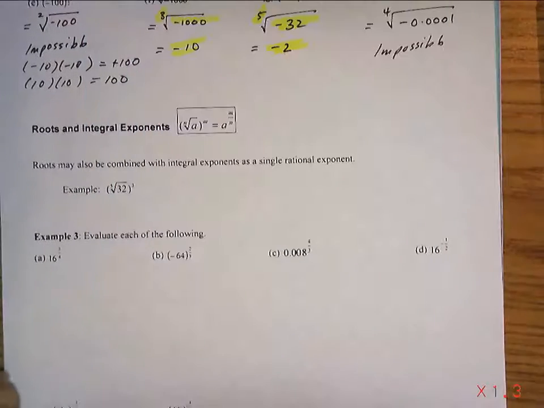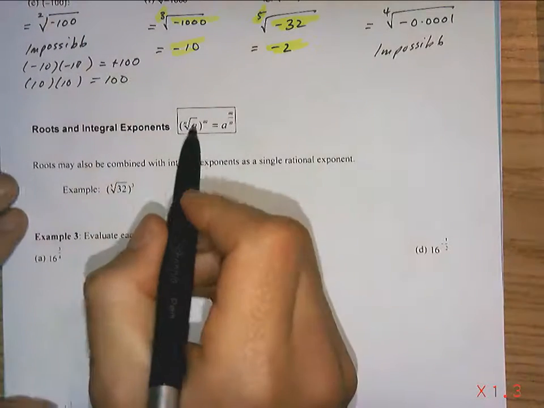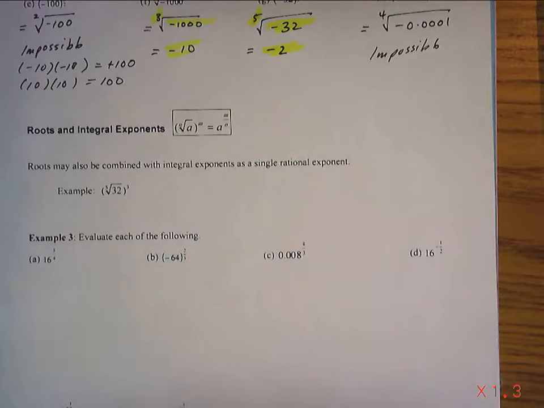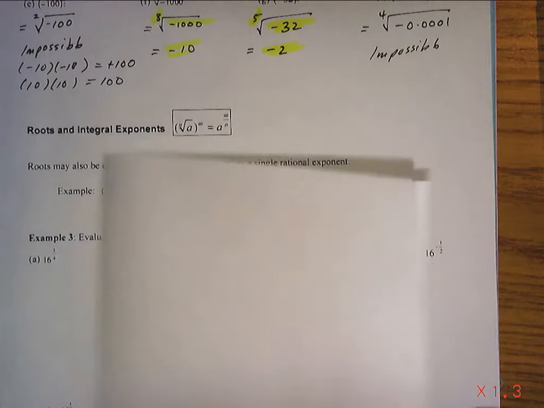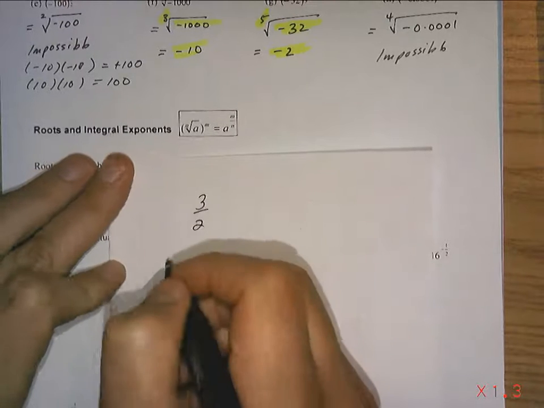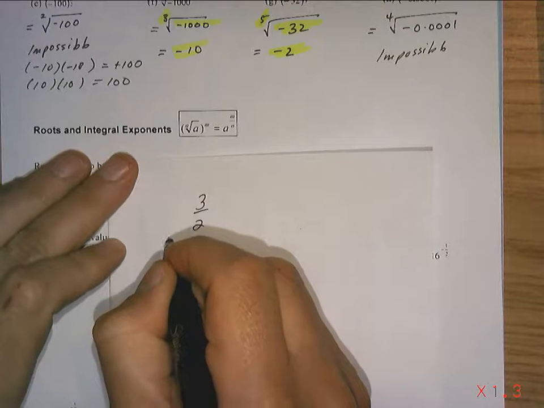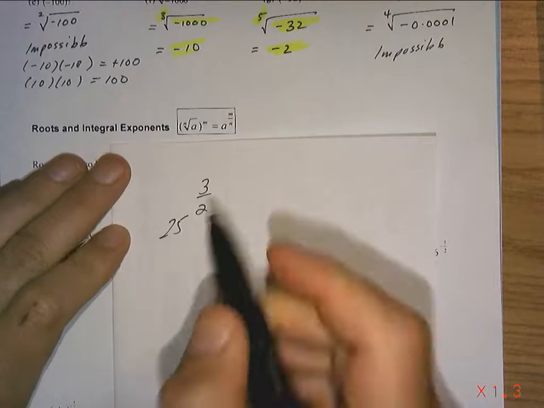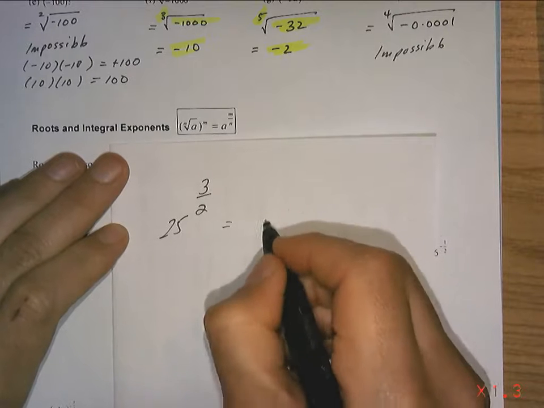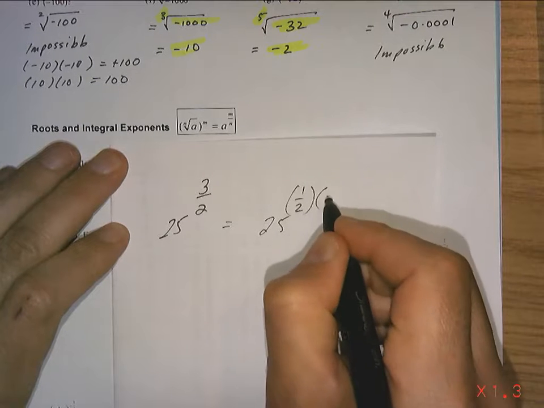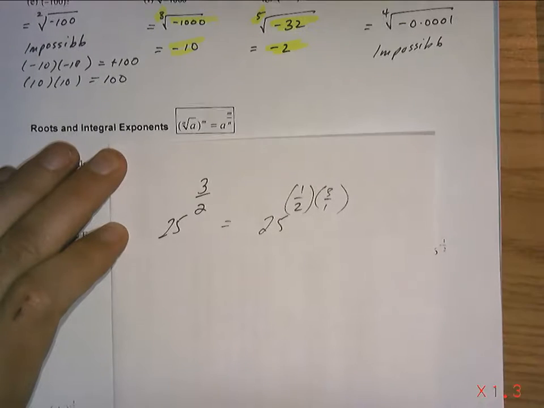So, to make sure it's really clear, let's do this. If I have 25 to the 3 over 2, that can be changed into 25 to the 1/2 times 3 over 1.